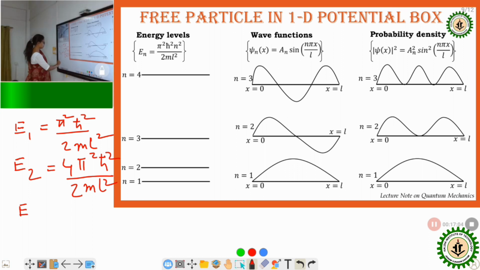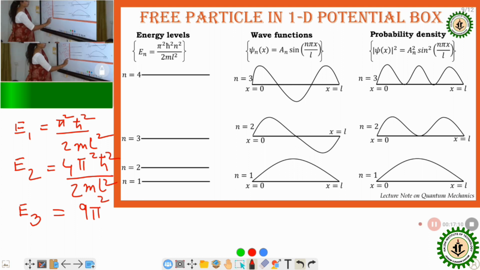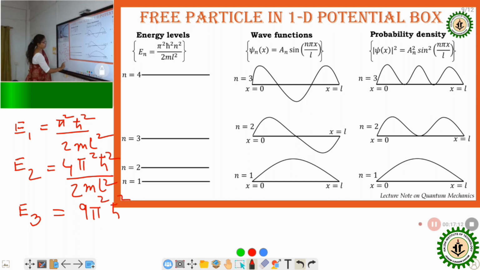E3 is 9 pi square h cut square by 2 m l square. Now take the difference, E2 minus E1. How will be the value? 3 pi square h cut square by 2 m l square. E3 minus E2, 5 pi square h cut square by 2 m l square.